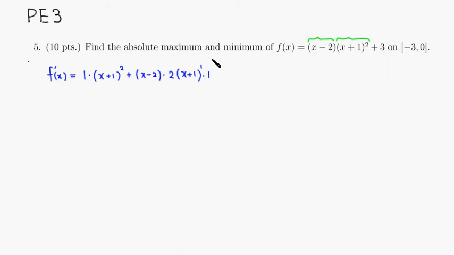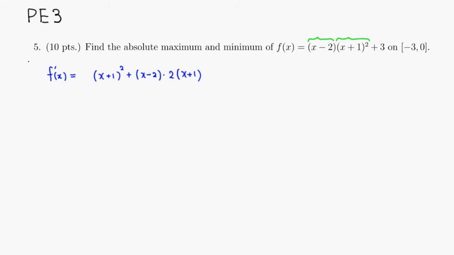Since raising to the 1 doesn't do anything, I'm going to erase that, and multiplying by 1 doesn't do anything either, so I erase those just to clean it up. Then the derivative of 3 is 0, so that's the derivative.